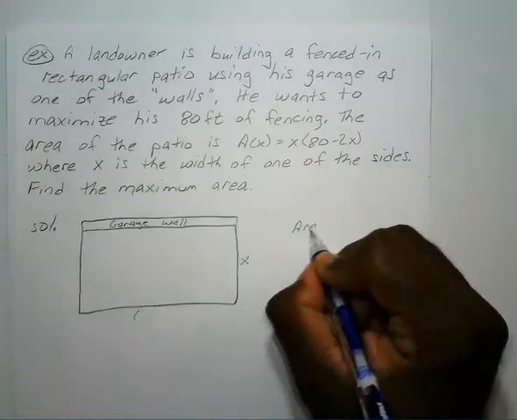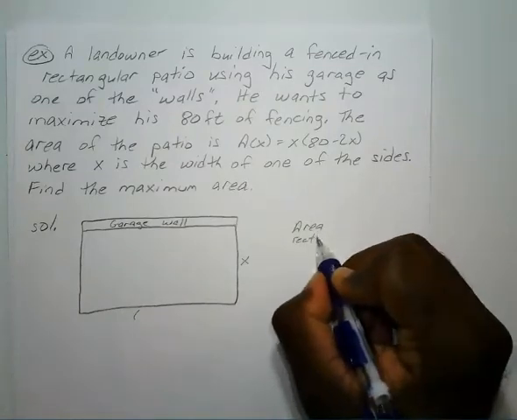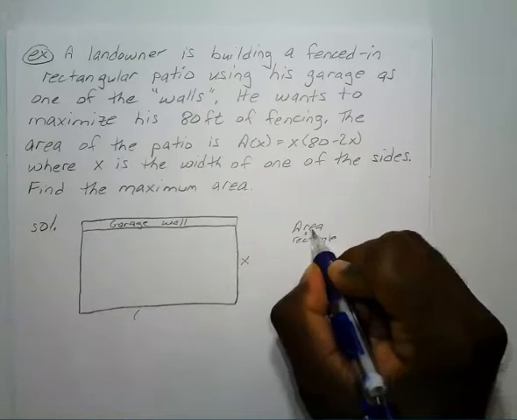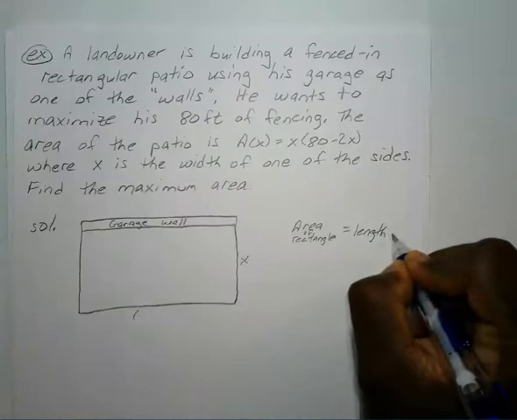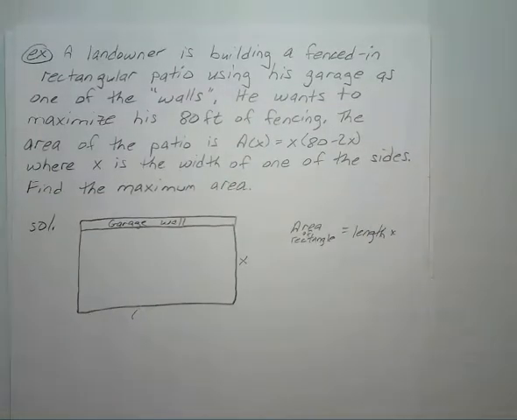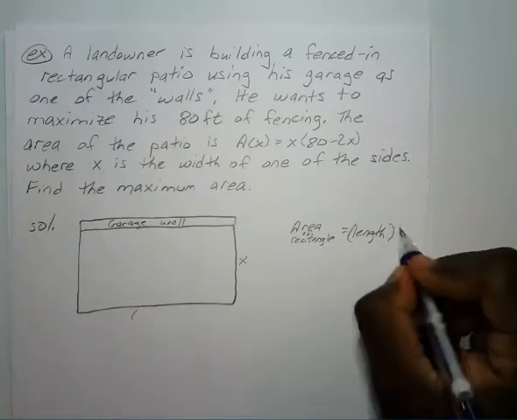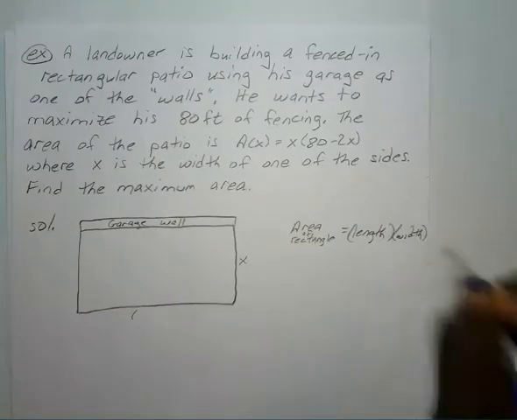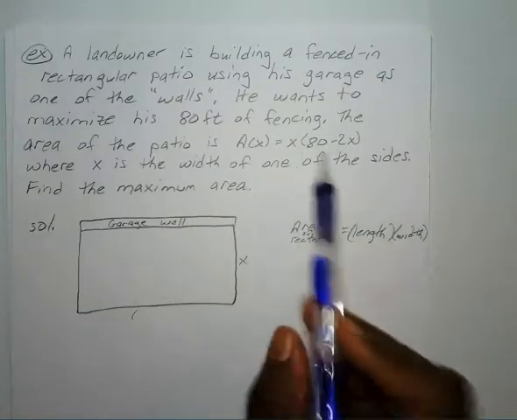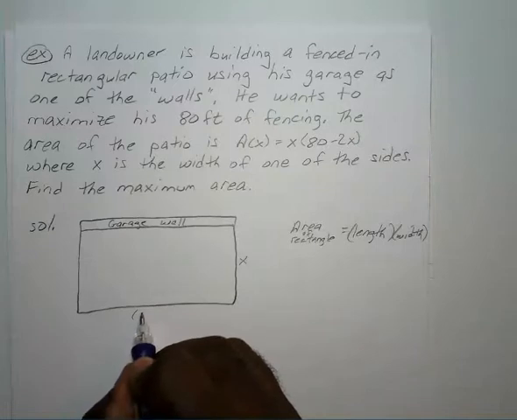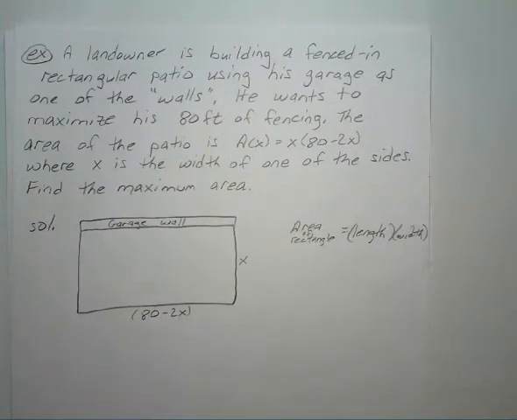Remember, area of a rectangle is length, well, instead of the x, I'll use length times width. Okay, so that means this is your length, and if this is the area, that means you have 80 minus 2x as your length.